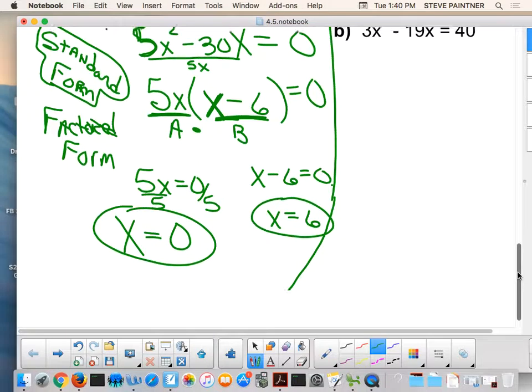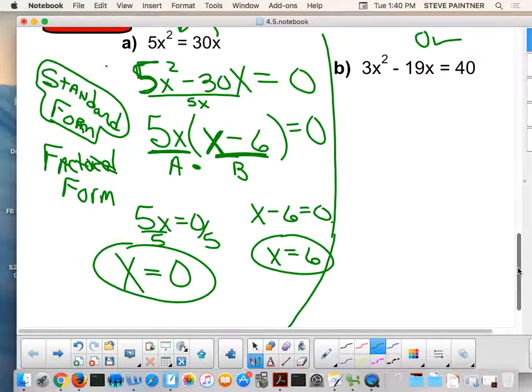Does anybody have this one? I'll check yours right now. You have it? Oh, well, I got the factored form. No, no, I want the answers. You want everything. I want the answers. Put it in standard form, which means get 0 on one side. Factor it, and then solve.